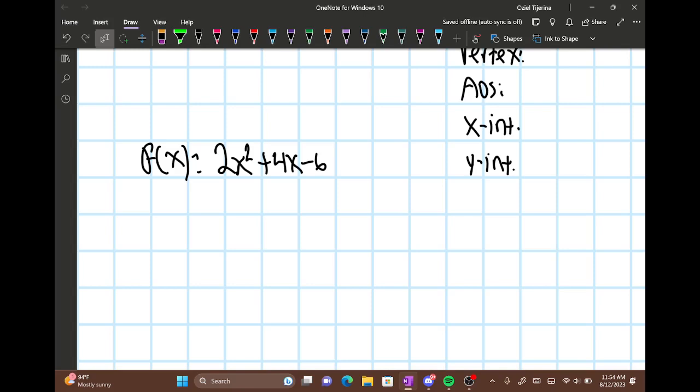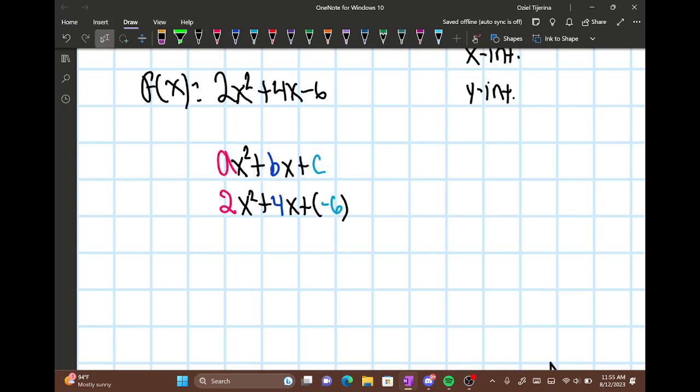You can do that, but you're going to have to make sure to multiply it back in. The best way to do this is to first label my a, b, and c. Here we can clearly see that a equals 2, b equals 4, and c is negative 6.